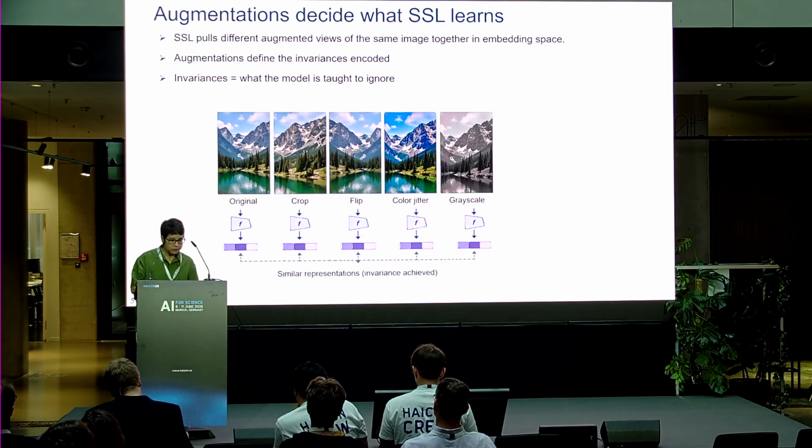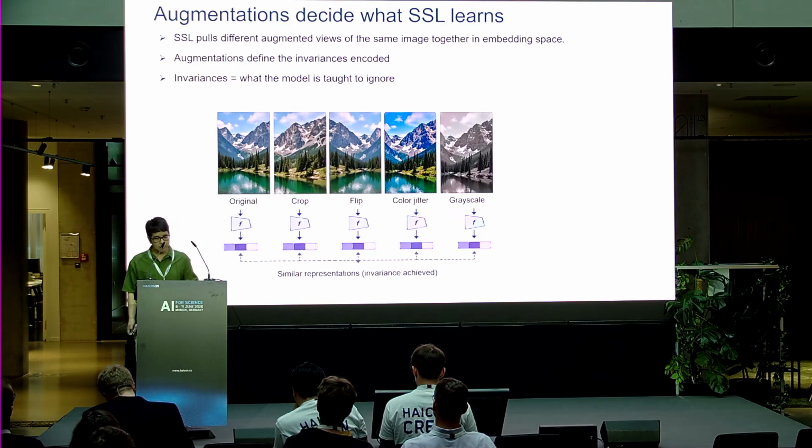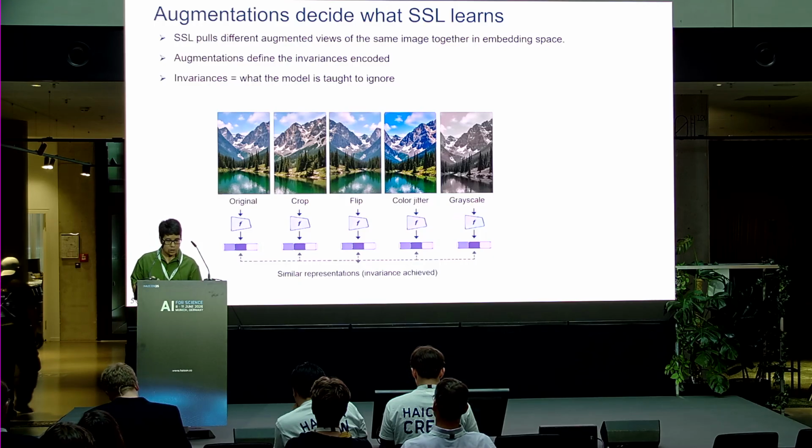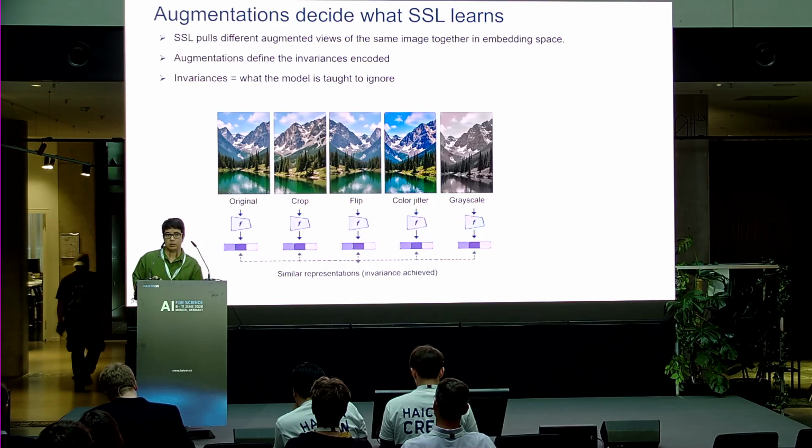For example, if you have the original image, you crop it, you flip it, you change the colors. The model ignores those variations because it's still part of the same image, so it is forced to produce similar vectors for all of those random augmentations. And that's for natural images.